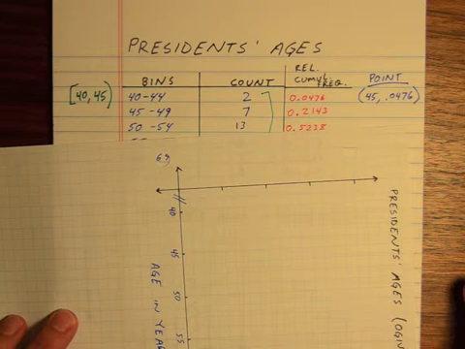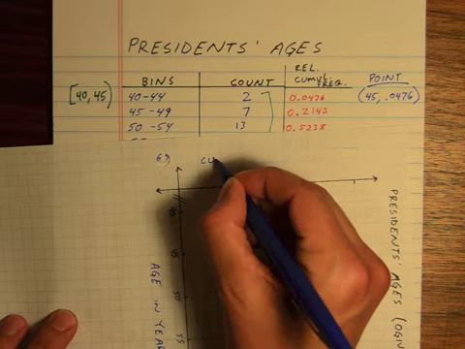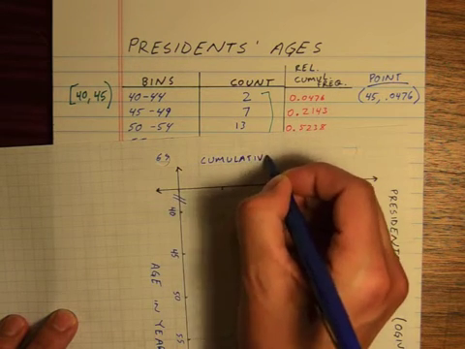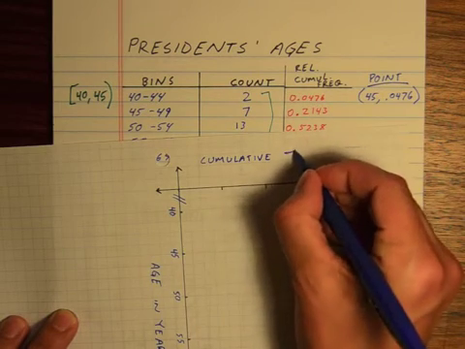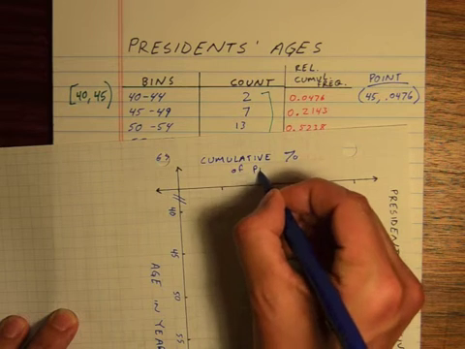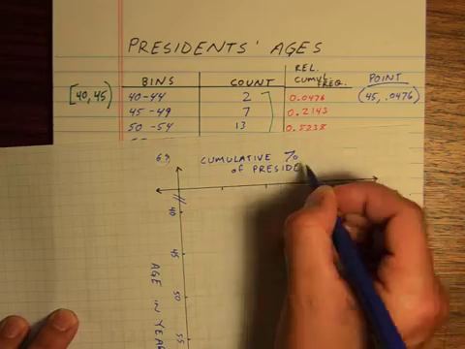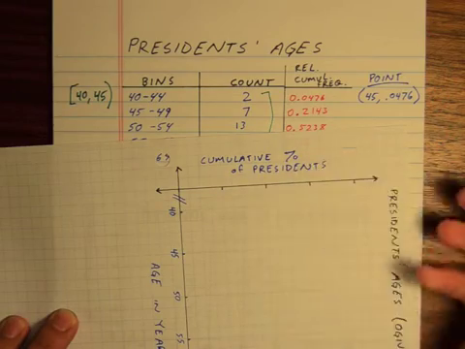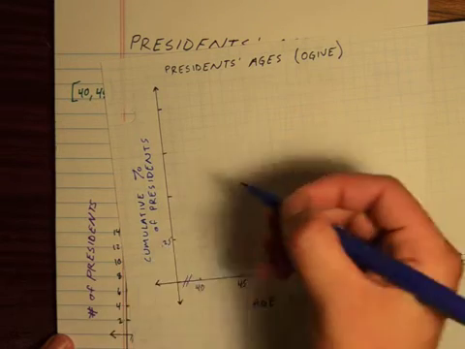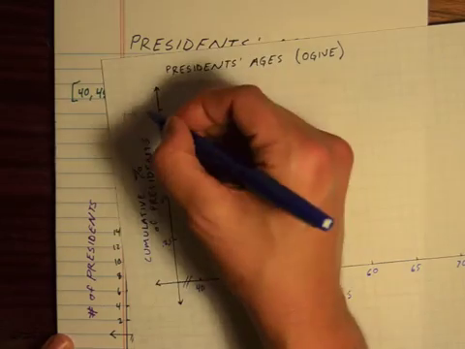In other words, the cumulative percent. And right now I've got it split up as 25%, 50%, 75, and 100%.